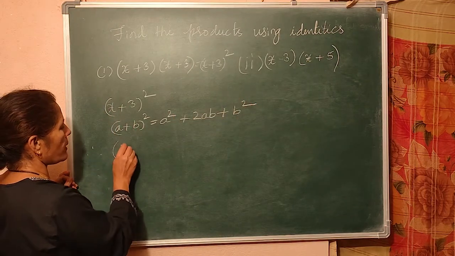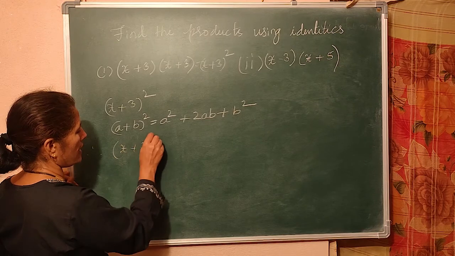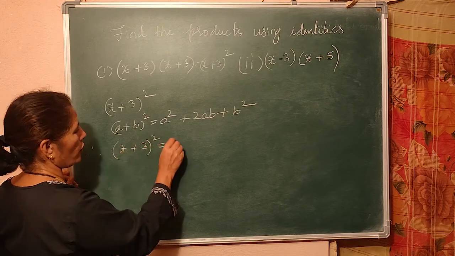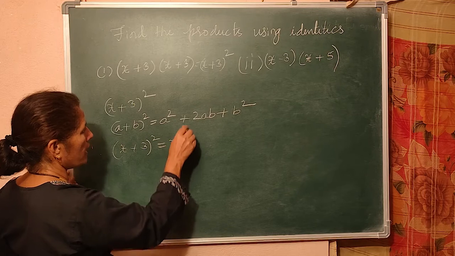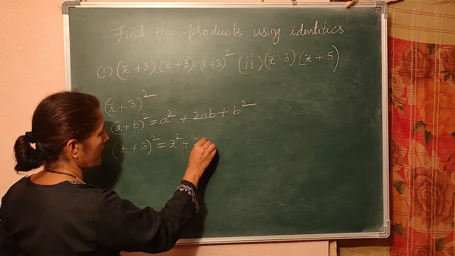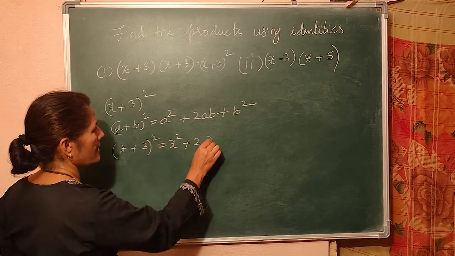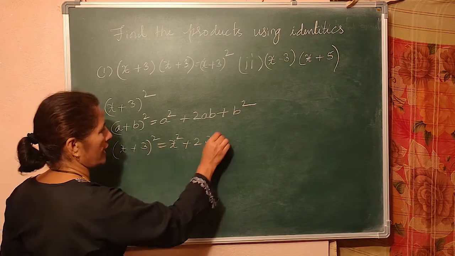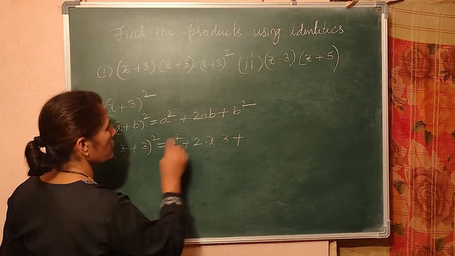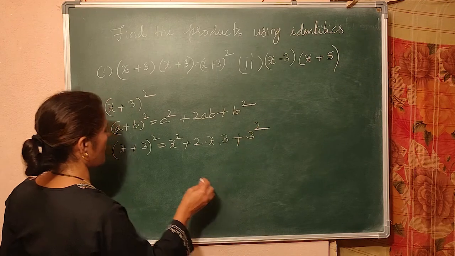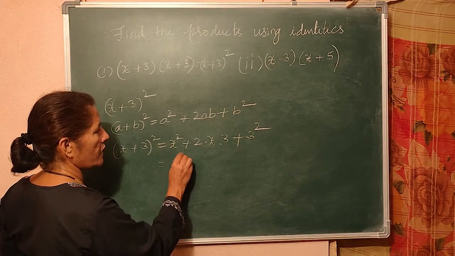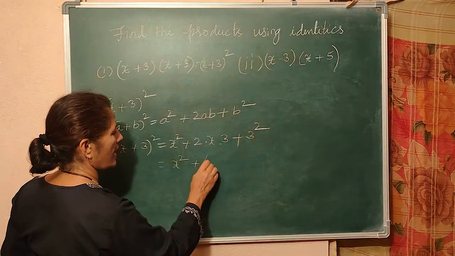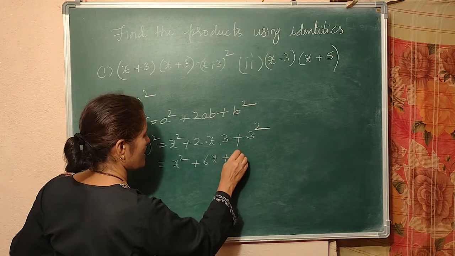Therefore, (x plus 3) the whole square is equal to x square plus 2, in the place of a, x, in the place of b, 3, plus 3 square. So what is the answer? x square plus 2 threes are 6x plus 9. This is the answer.